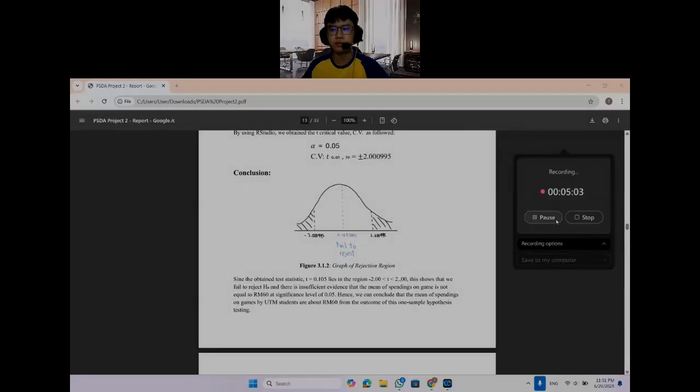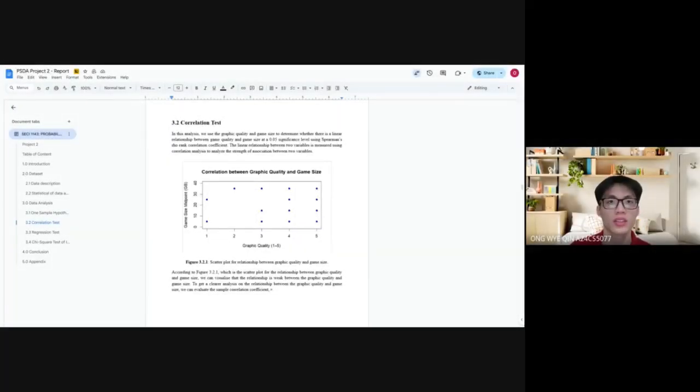My name is Ong Ching, and now let us move on to the correlation test part of our report. In this part, we want to find out if there is a relationship between how important students think game graphics are and the size of the games they play.